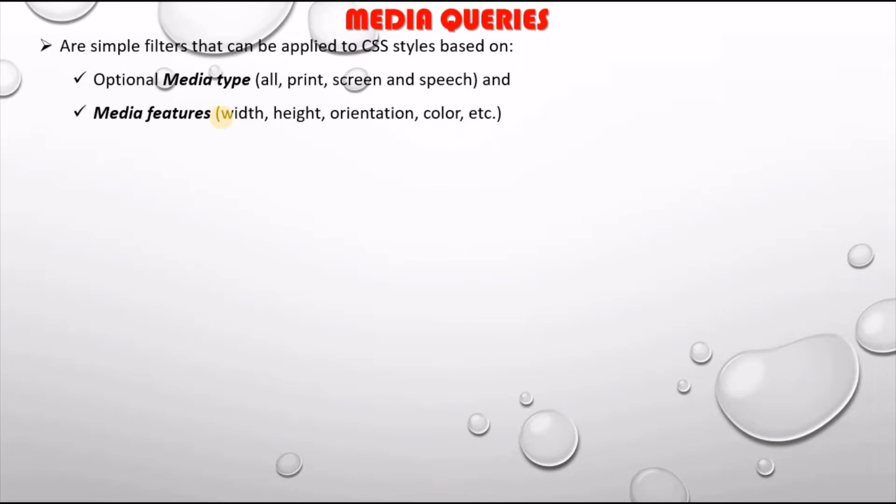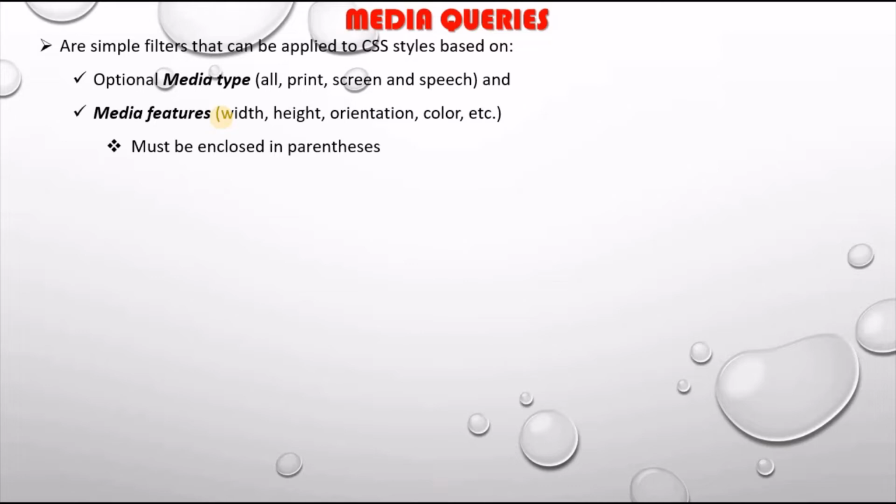They also apply CSS styles based on media features, and these media features are specific characteristics of the user agent. That is things like width, height, orientation, color, etc. And the media features must be enclosed in parentheses.